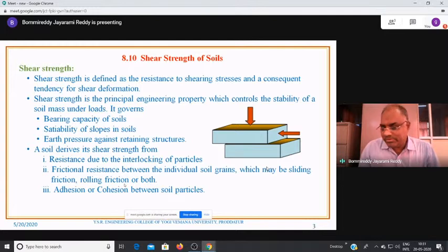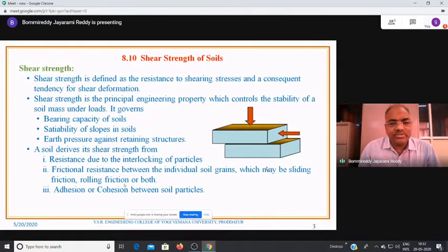And every one of you knows that shear strength is the resistance offered by the soil against the shear deformation. So here shear strength of the soils means it is going to be resisting shear deformation of the soil. Already in the strength of materials, we have seen different types of strengths that are there for any structure.